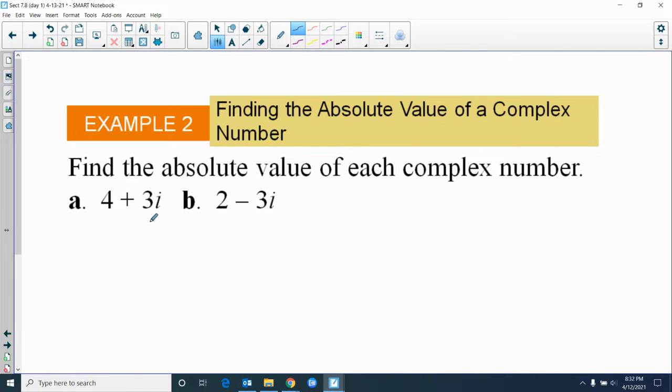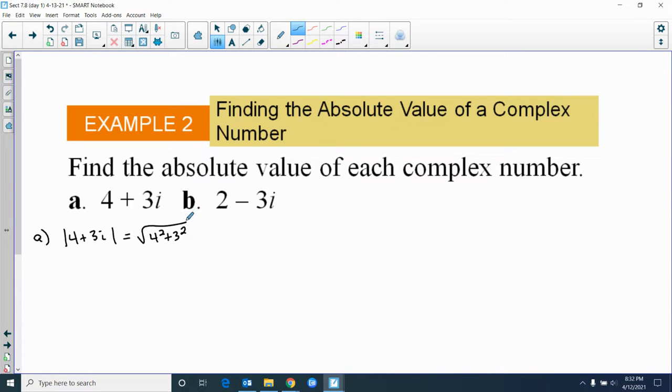Now find the absolute value for each complex number. All right, well, we want to know the absolute value of 4 plus 3i, and that's simply going to equal the square root of 4 squared plus 3 squared.